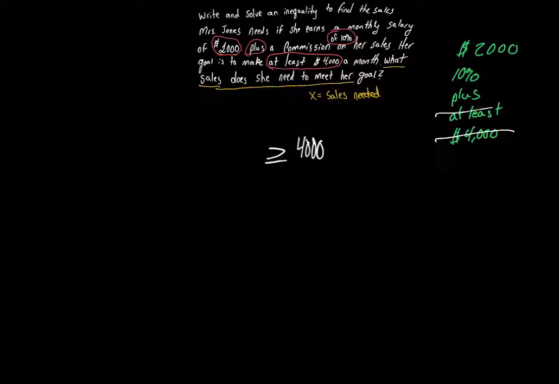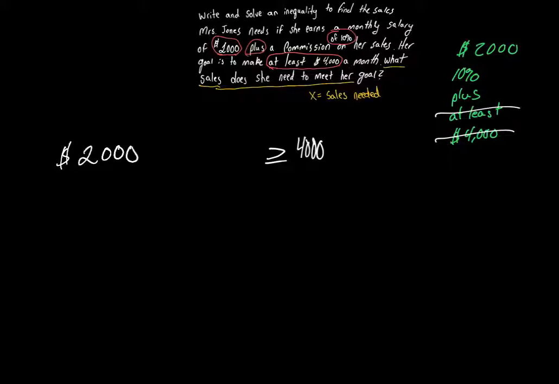We've used the 4,000, we've used the at least. Now we just have to figure out how to use the 2,000, the 10%, and the plus. If I look back up at the problem, you'll see that she has a monthly salary of 2,000 plus a commission. That's probably the easiest part because base pay, she just gets $2,000 right off the bat.